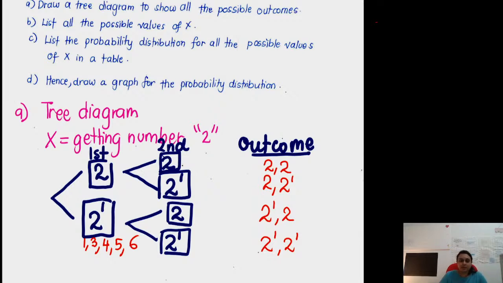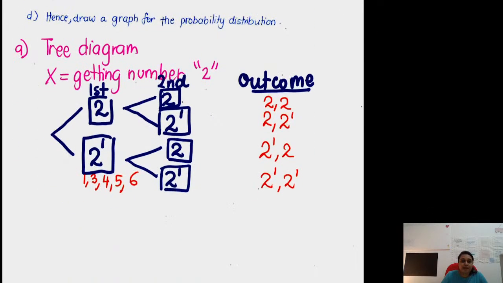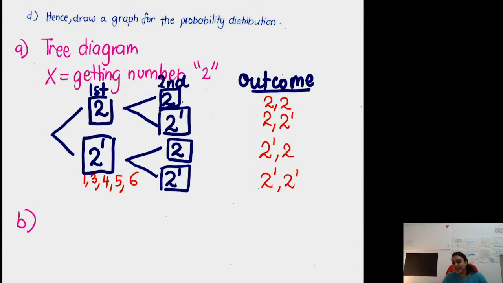Okay, B, list all the possible values of x. Let's list down all the possible values of x. What do we have for x? Here are the outcomes, isn't it? So if you remember, beside the outcome, teacher wrote the x. So the x was getting number 2, correct?